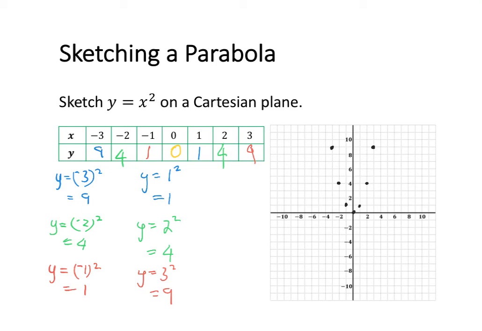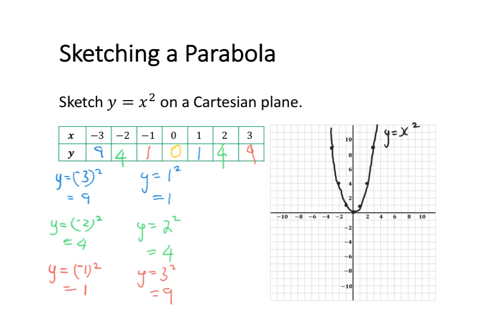So once I've plotted my points, joining them to form a curved line. And don't forget to label it to finish it off, y equals x squared. So that's the most basic parabola that you'll be able to sketch.